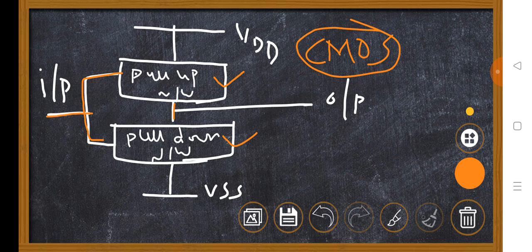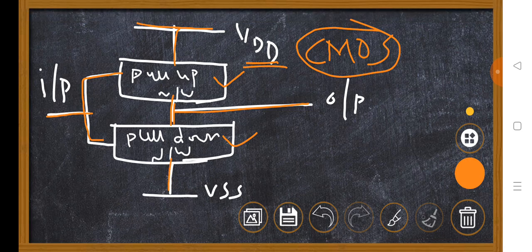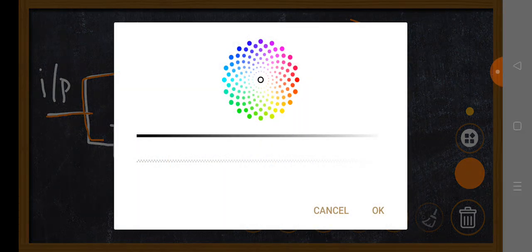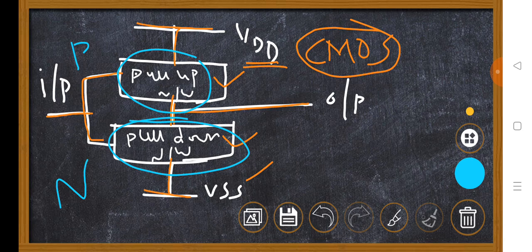The two drain terminals must be tied and a common output is considered, and the source of one network is given to the VDD supply and the source of another network is given to the VSS supply. Here, very important point, what is this pull up network? Always remember this pull up network is a PMOS transistor and this pull down network is an NMOS transistor.